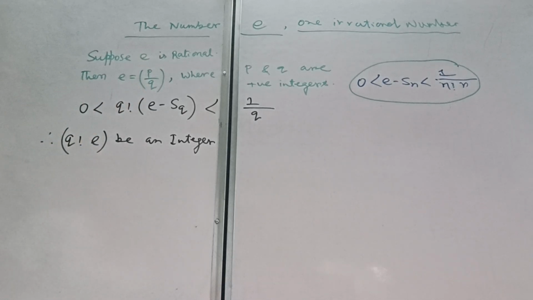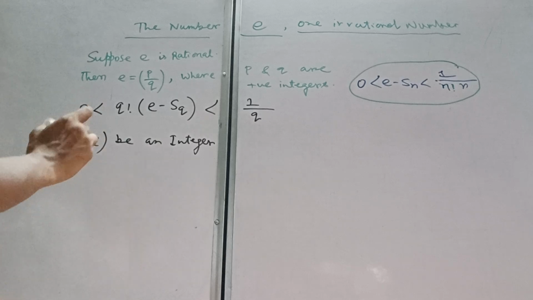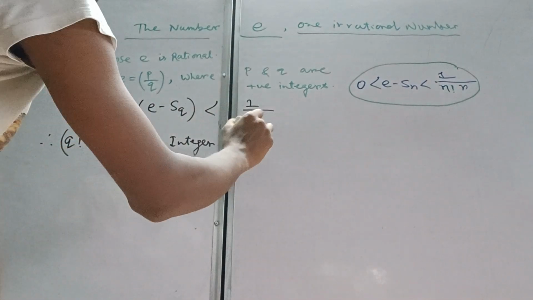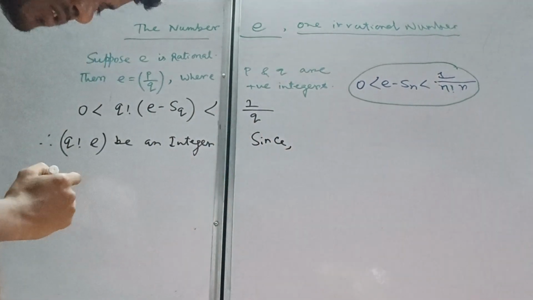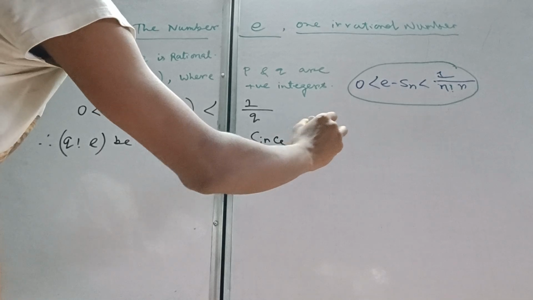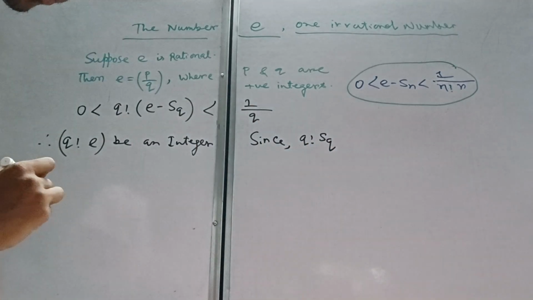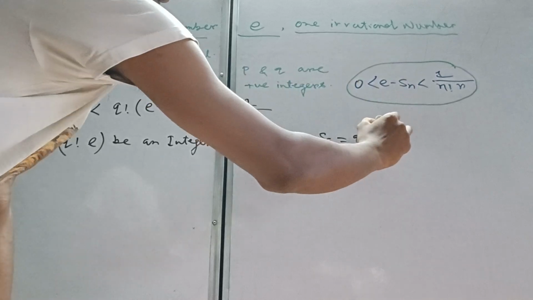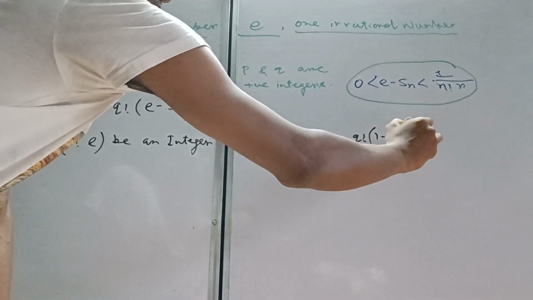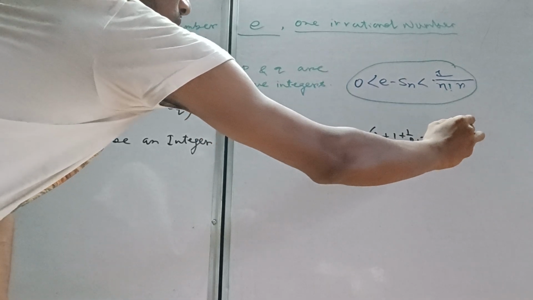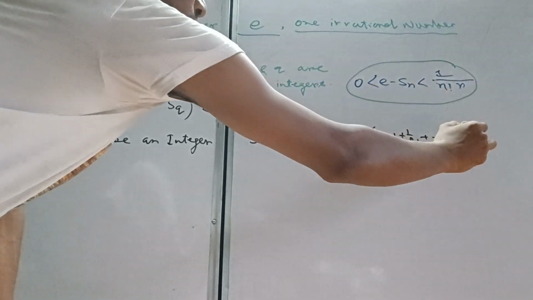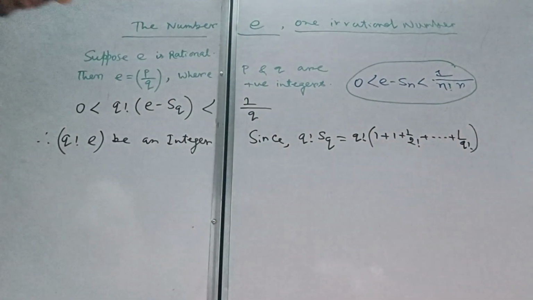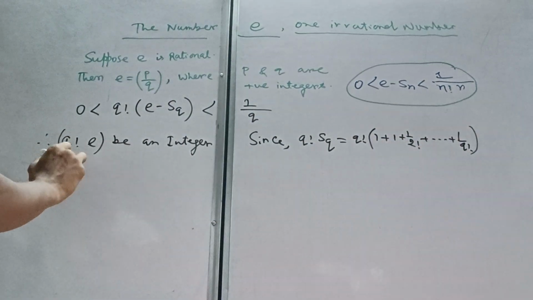Also q factorial Sq, which equals q factorial times 1 plus 1 by factorial 2 and so on up to 1 by q factorial, is an integer.